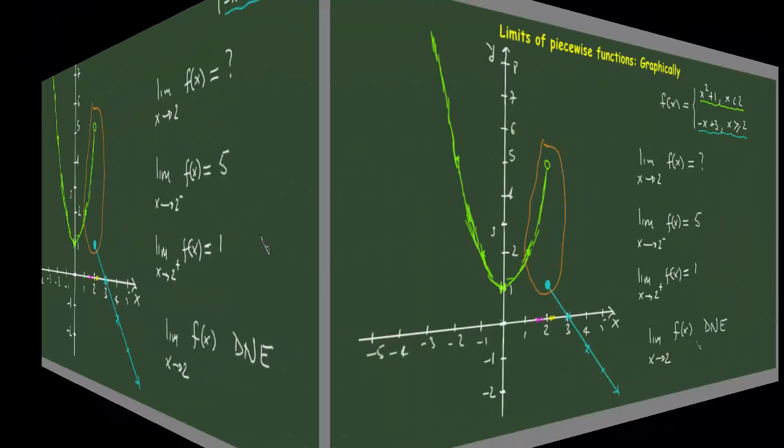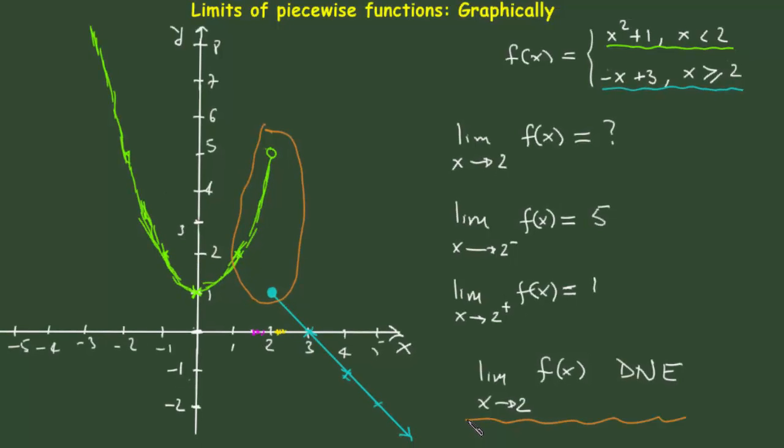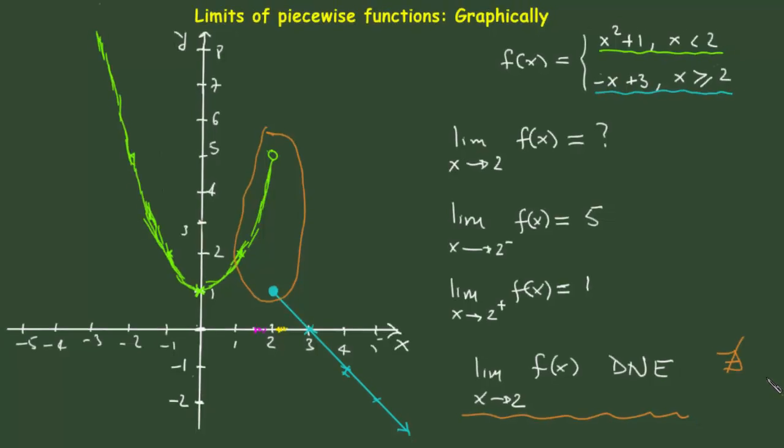So again, the reason why this limit doesn't exist at 2 is because the limit from the left and the limit from the right are not equal. So we can also write it as the limit does not exist.